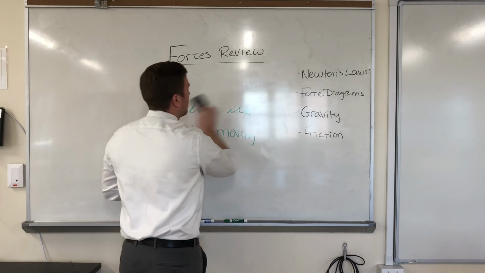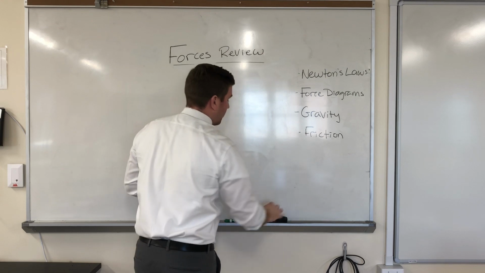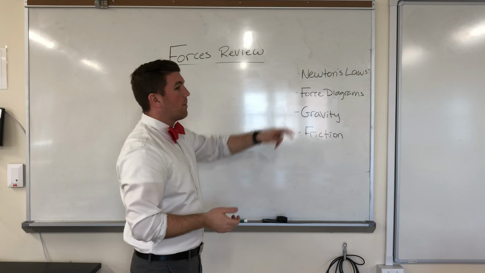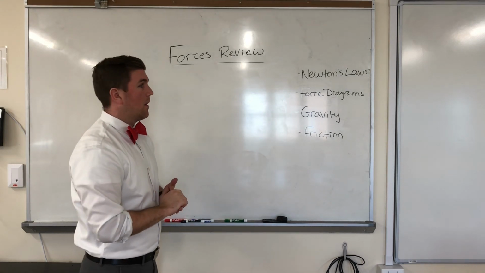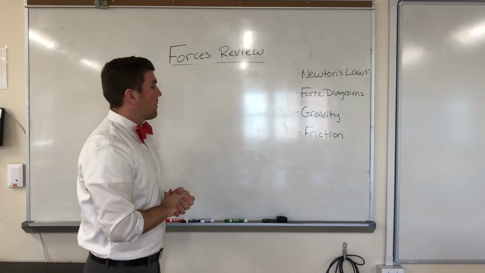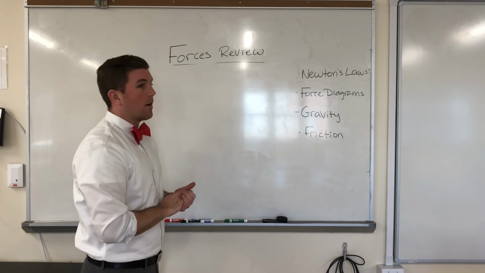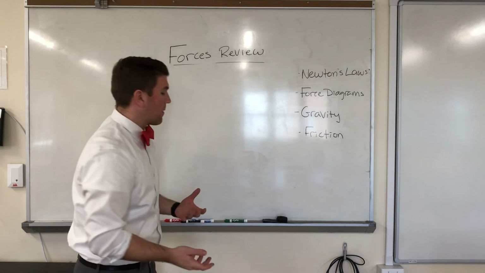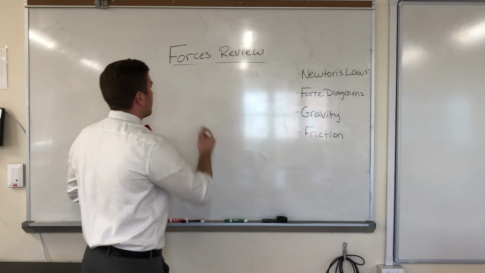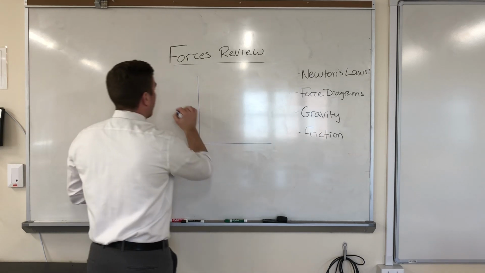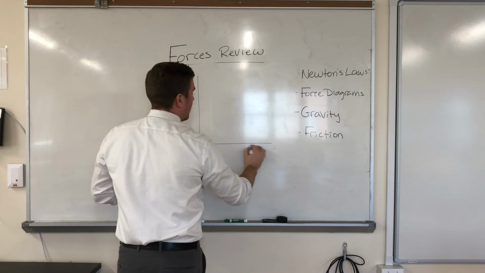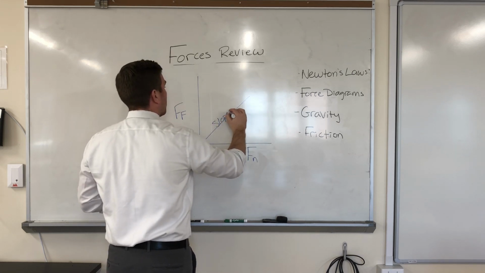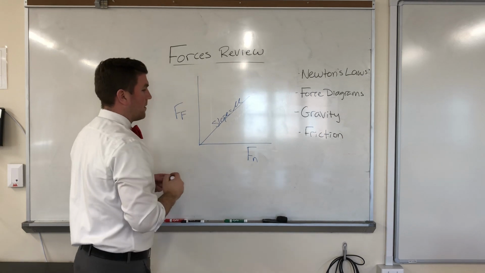In addition to these four topics, also want to be familiar with some different ways of force diagramming, and then just some of the other things that we've talked about as far as Newton's second law lab, and familiar with some of the data we collected and how that applies. For instance, if I graph the force of friction and the normal force, and I get a line that looks like this, keep in mind the slope is equal to the coefficient.